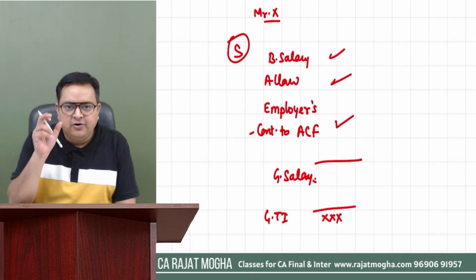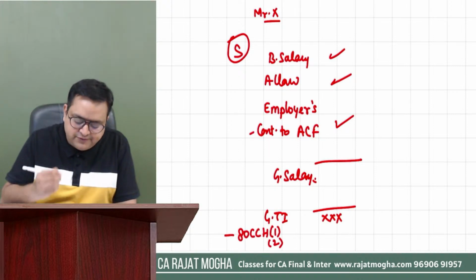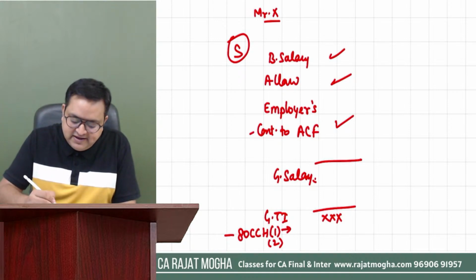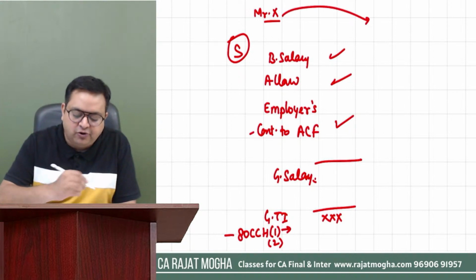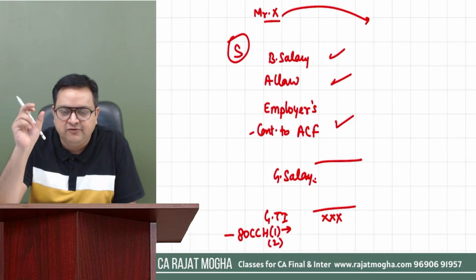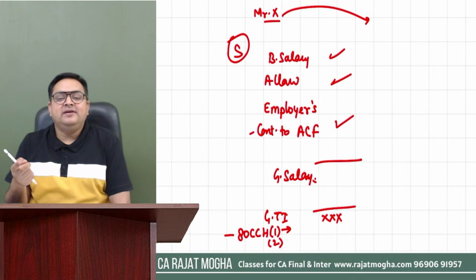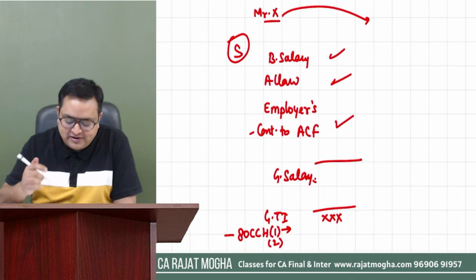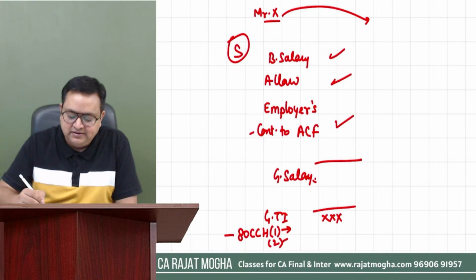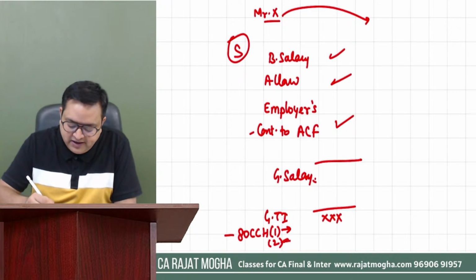So whatever the GTI you now have, you can give deductions under 80CCH(1) and 80CCH(2). Under 80CCH(1), whatever Mr. X, the employee, is contributing, he can get a deduction under 80CCH(1). And whatever the employer, here the central government, is contributing, you can get a deduction there as well. So the employer contribution would be allowed under 80CCH(2), right?